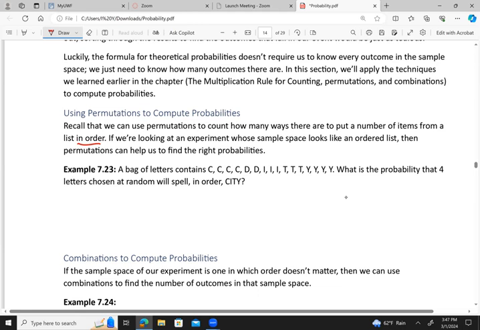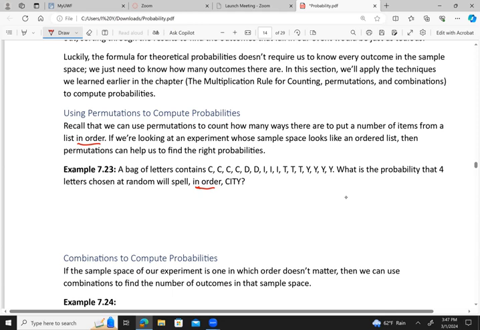So a bag of letters contains C, C, C, C, D, D, I, I, I, T, T, T, Y, Y, Y, Y. What is the probability that 4 letters chosen at random will spell, in order, CITY? In order means permutations, which makes sense since we're talking about permutations.